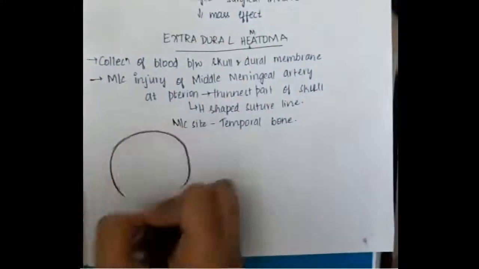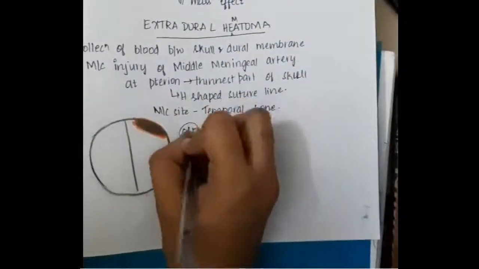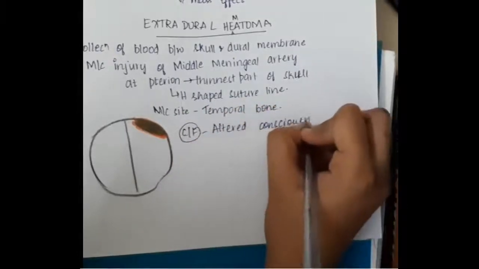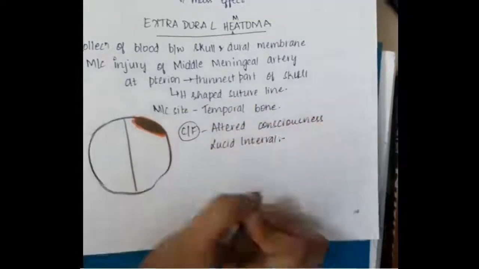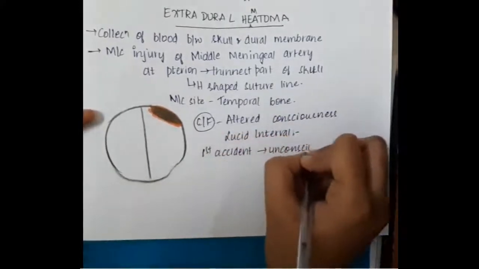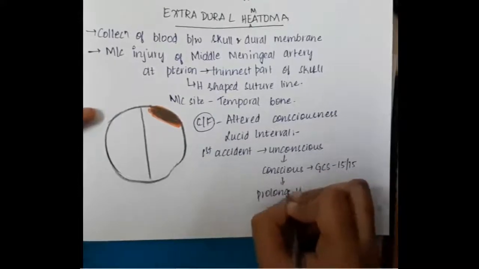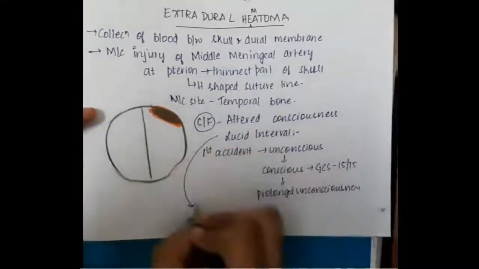If you see the clinical features, this is the skull, and here is the extradural hematoma. Clinical features include altered consciousness and a lucid interval. Whenever there is an accident, in the beginning there will be unconsciousness, which progresses to consciousness with a GCS of 15 out of 15, and finally there is prolonged unconsciousness.